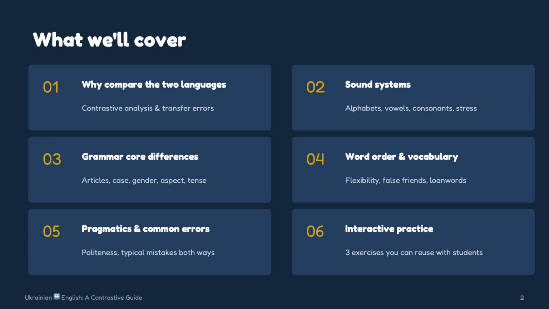And after that, word order and vocabulary. We'll also spend a few minutes on pragmatics, meaning how politeness works differently in each language, and we'll look at the typical mistakes learners make in both directions. And finally, the last block contains three exercises for all of us.